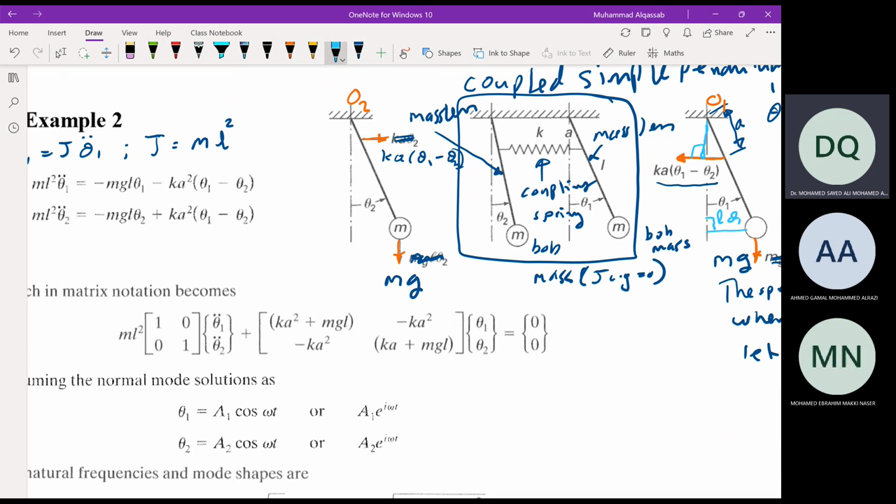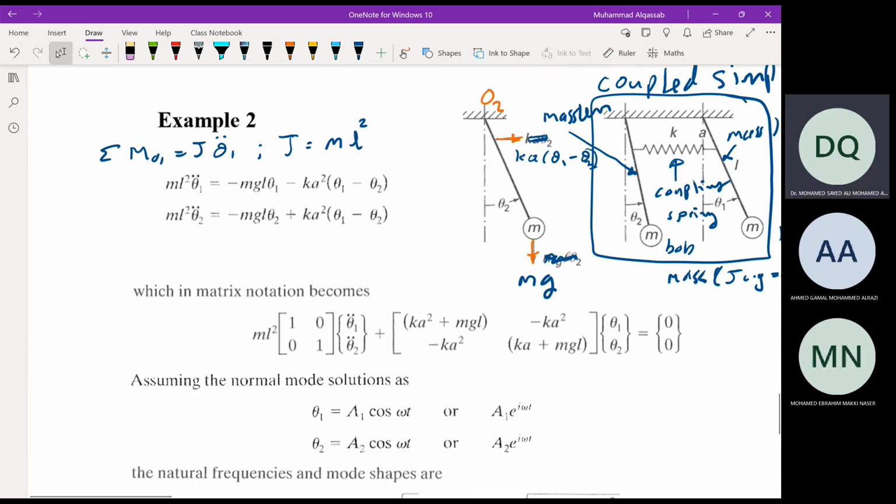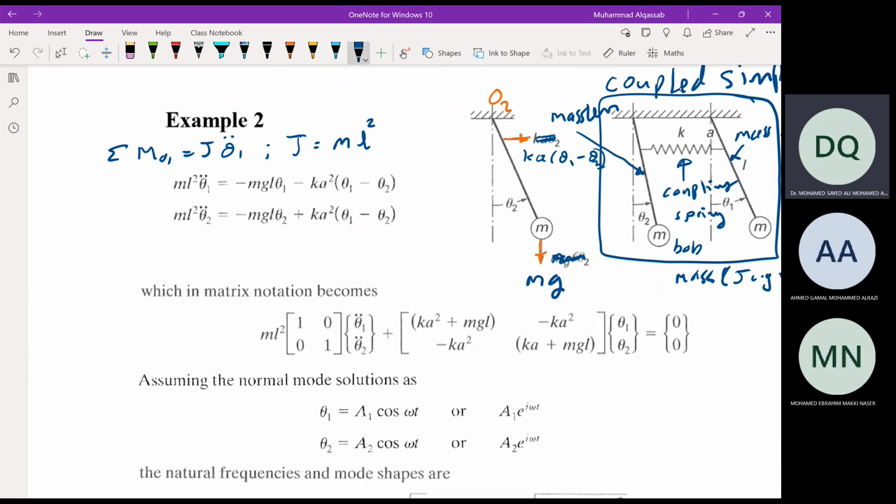The same thing we will do for the moment, sum of the moment about O2 equal to J theta 2 double dot. And we get ML squared theta 2 double dot minus MGL theta 2 equal to minus MGL theta 2 plus Ka squared theta 1 minus theta 2.